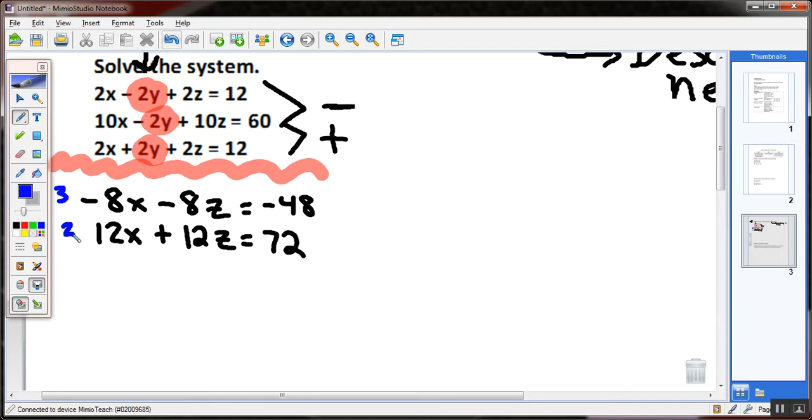The top is going to become now the following. It's going to become negative 24x minus 24z equals, somebody run negative 48 times 3. I think it's negative 144. Is that right?